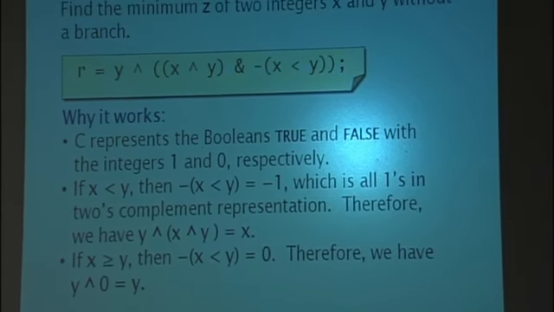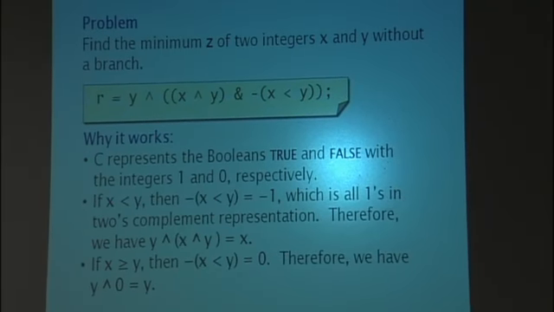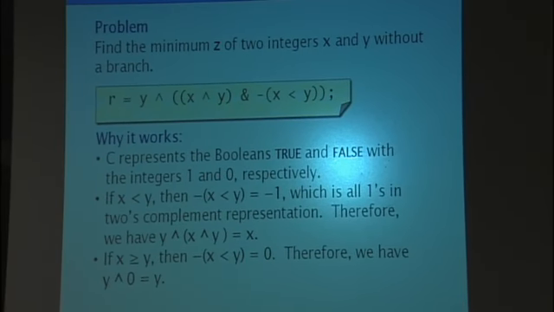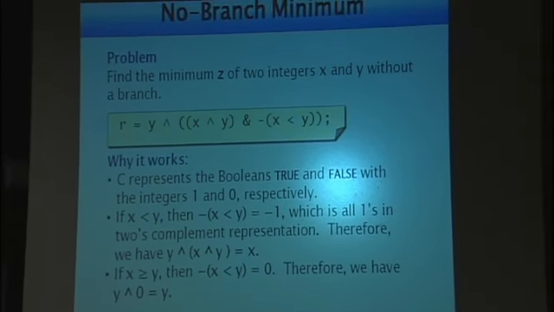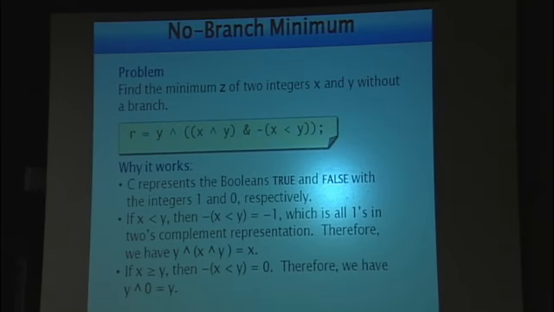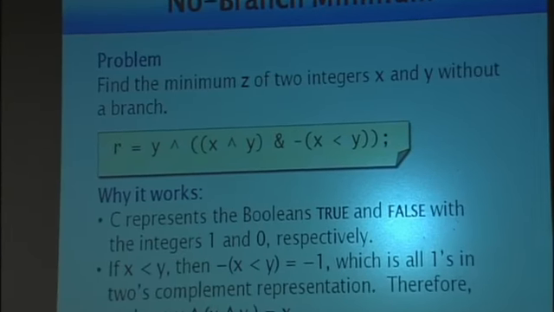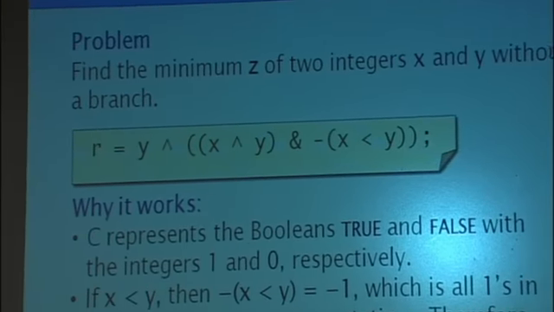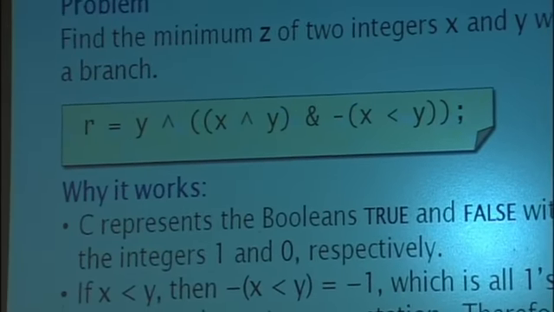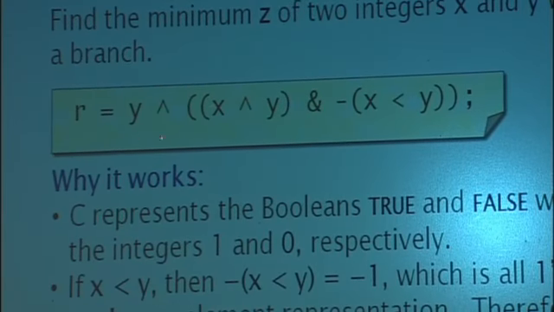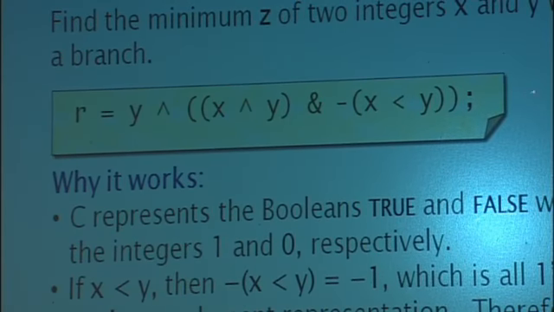Whatever you AND with 0, doesn't matter what it is, you get 0. So therefore, this just becomes r equals y. Did I do that right? Because y XOR 0 is y.